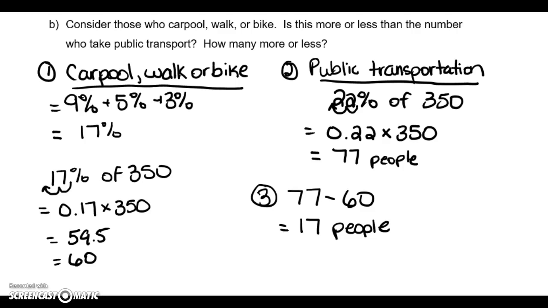And now our last step here is to answer this with a sentence. Here they want to know how many people carpooled, walked, or biked to work. So we could say 60 people carpool, walk, or bike to work.